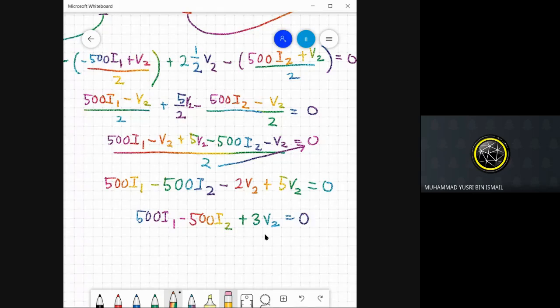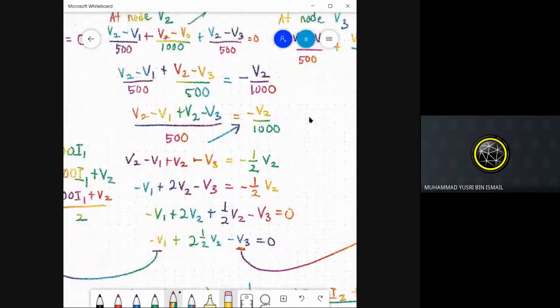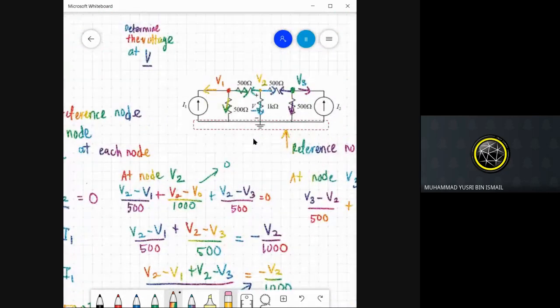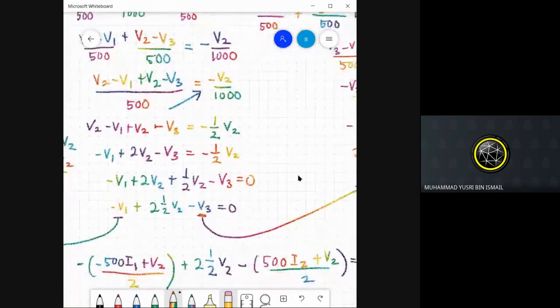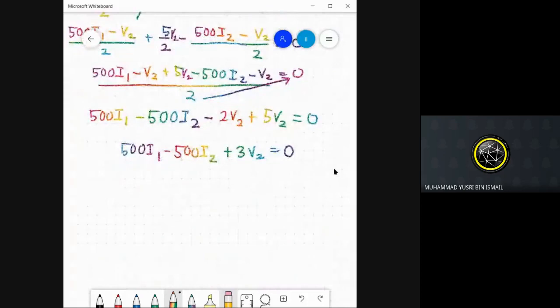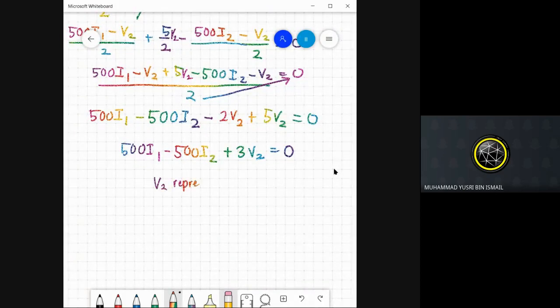Okay, then V2 is basically represented as V. So rewrite the equation.